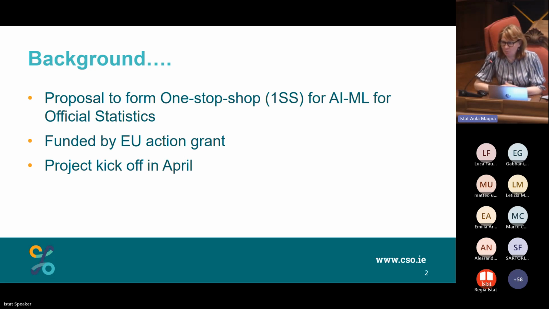So Ireland got together with lots of other countries, including Istat, to put together a consortium. We're funded by an EU grant, and the project kicked off in April. It's actually a 4-year project, which is quite unusual for Eurostat. It's quite long, and it is one of their bigger projects in terms of funding. So there's quite a lot of pressure. Mauro at the back, no pressure there.